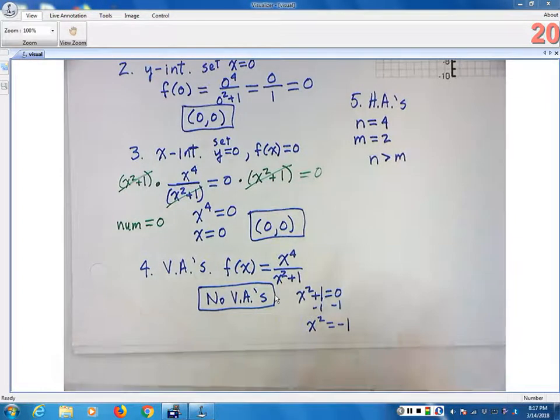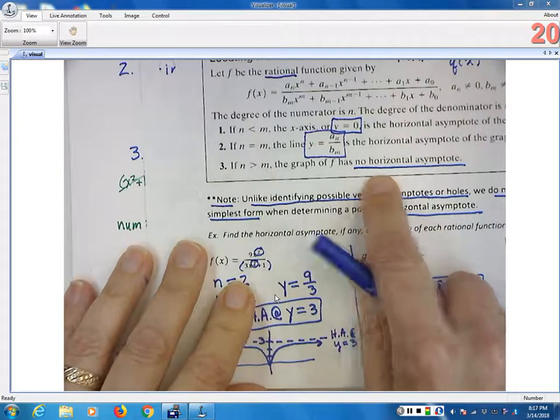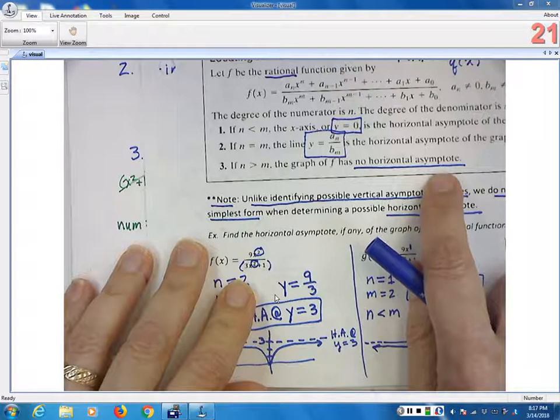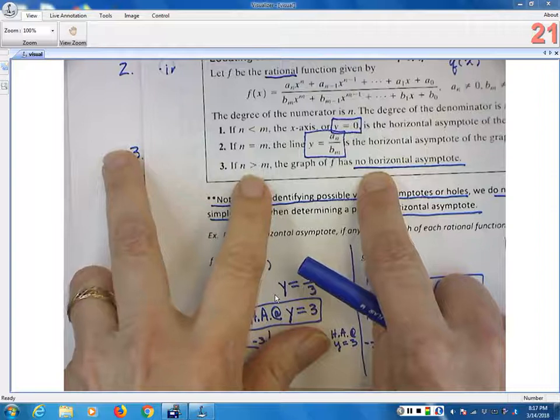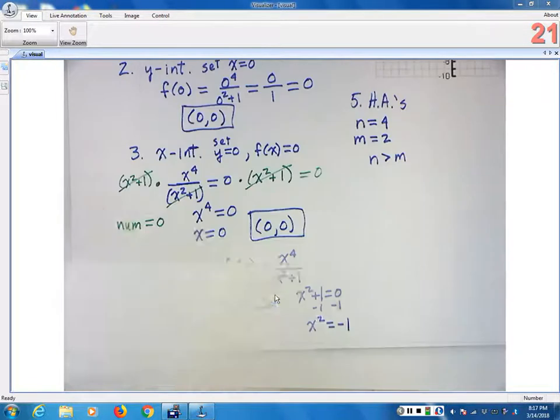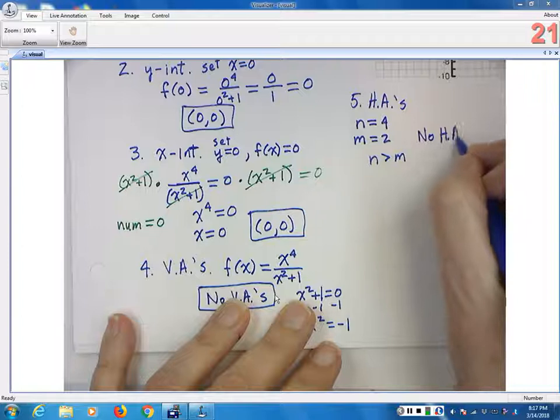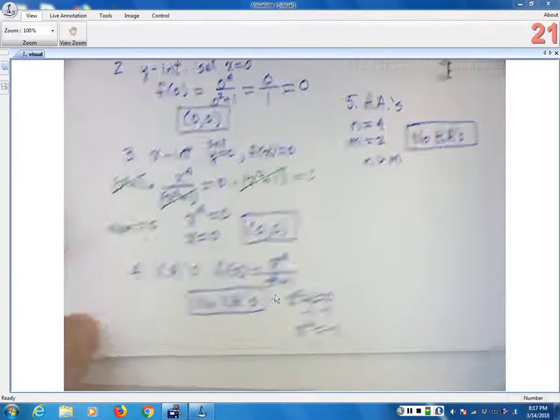So what does our rule say? n greater than m. There's no horizontal asymptote. It's not helpful, but this is the answer. So there are no horizontal asymptotes. So we write no HAs, and we box it in because we're sure of that.